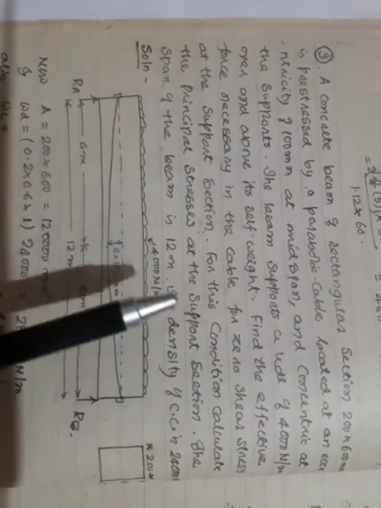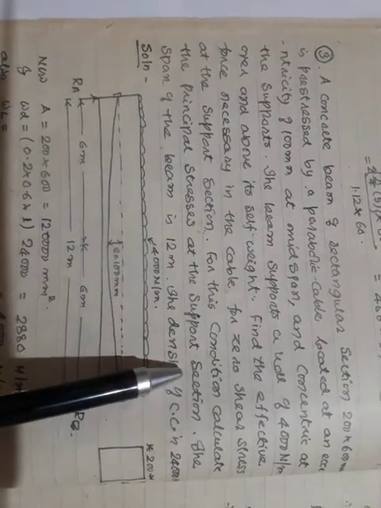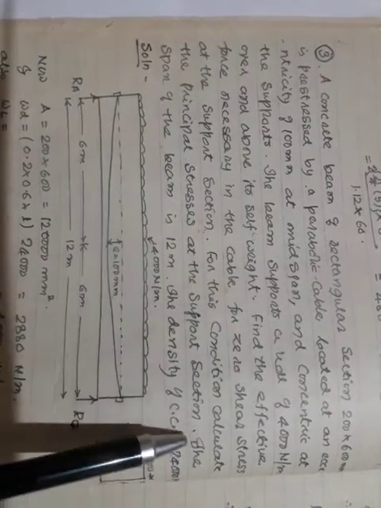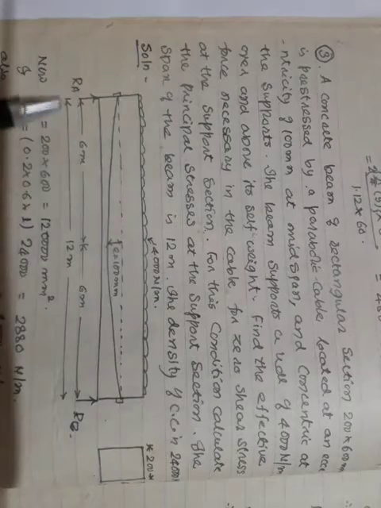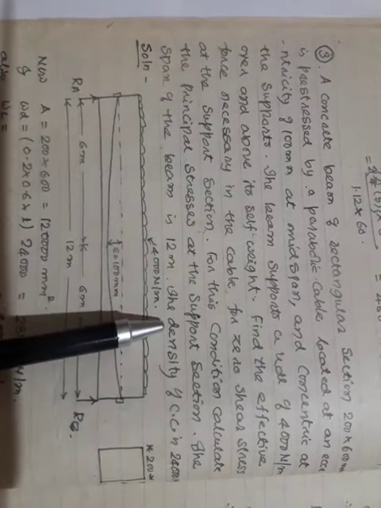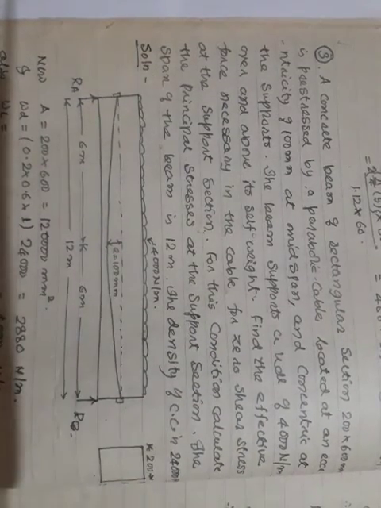For this condition, calculate the principal stresses at the support section, including the principal tension. The span of the beam is 12 meter, and the density of concrete can be taken as 24,000 Newton per meter cube.